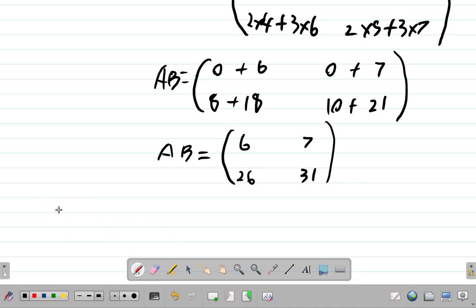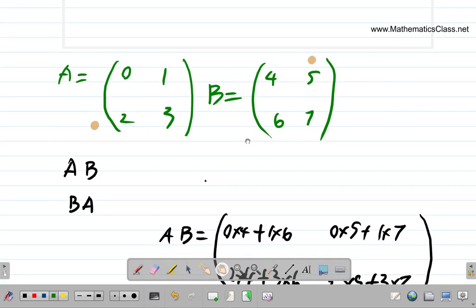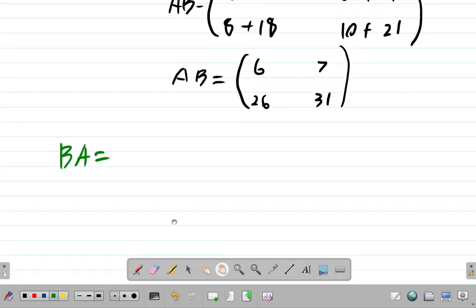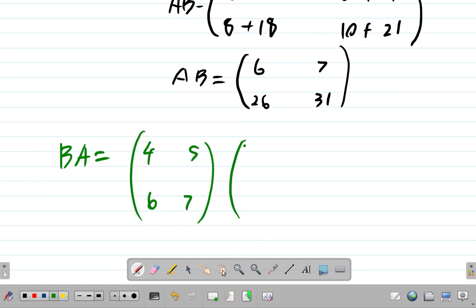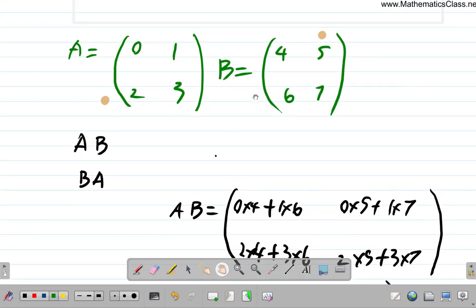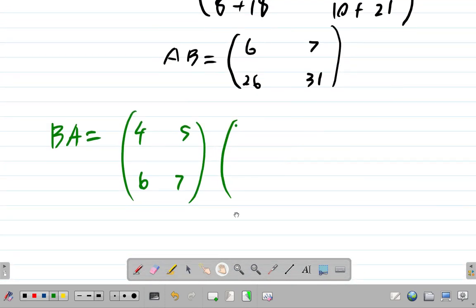BA equals, remember B was 4 5 6 7, so B is 4 5 6 7 multiplied by 0 1 2 3.